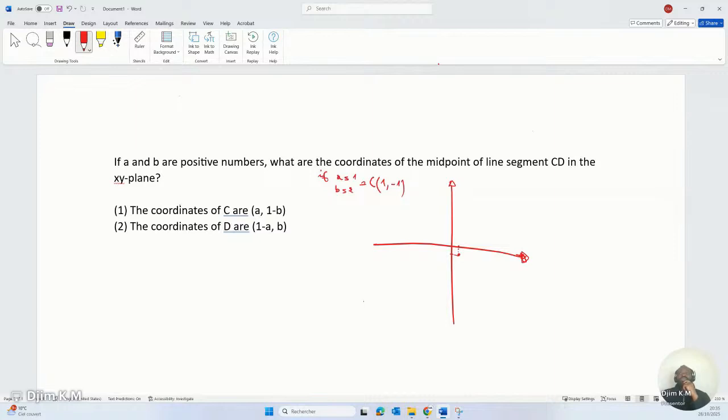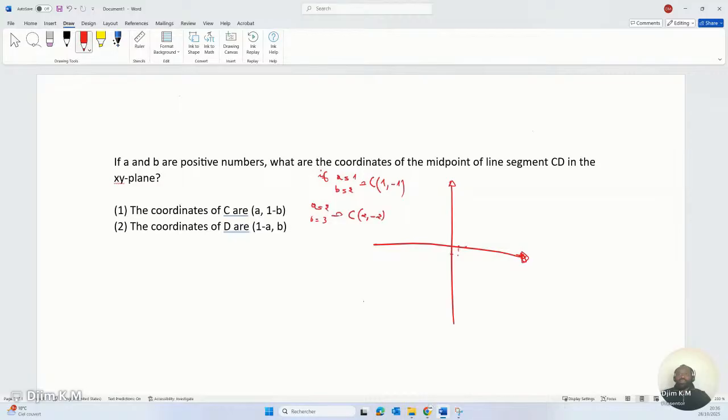If A is equal to 2 and B is equal to 3, because they are positive numbers, we would get something like this. C will be equal to 2, minus 2.